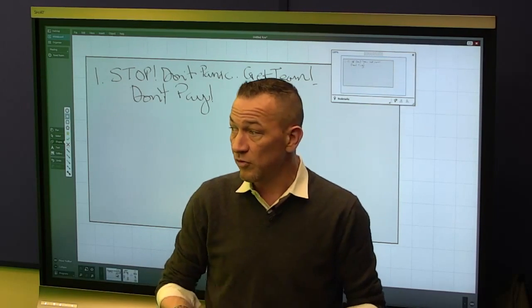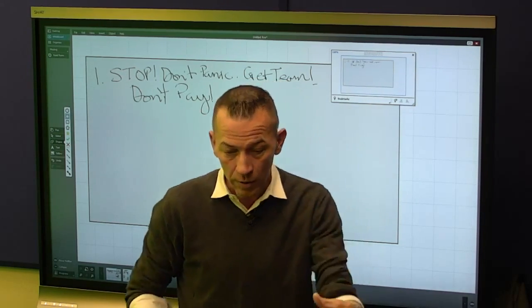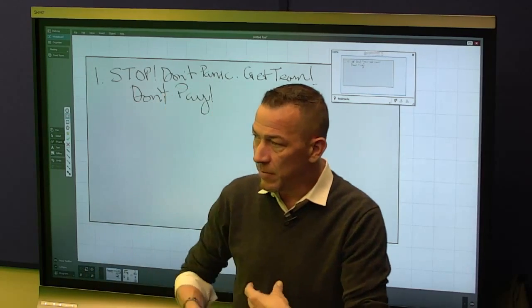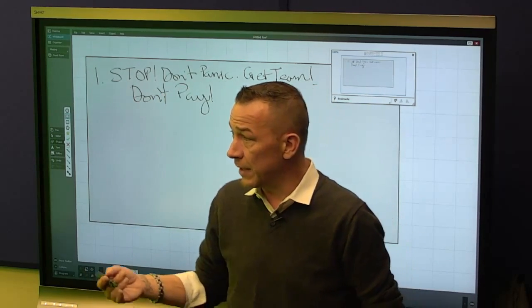Secondly, there's no guarantee that you're actually going to get your decryption key as a result of paying the ransom. And we've seen this multiple times over, where organizations have paid that ransom, but they haven't got their decryption key as a result.